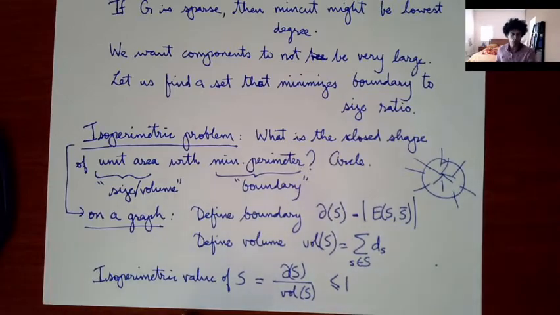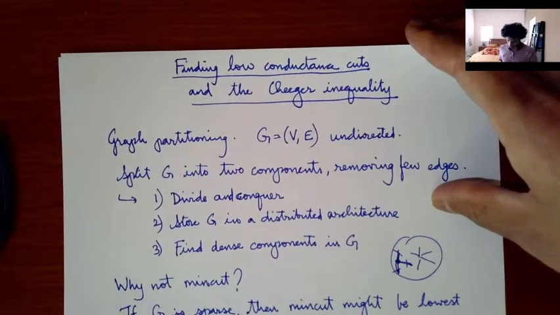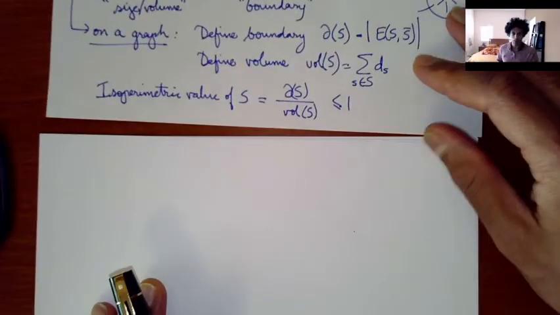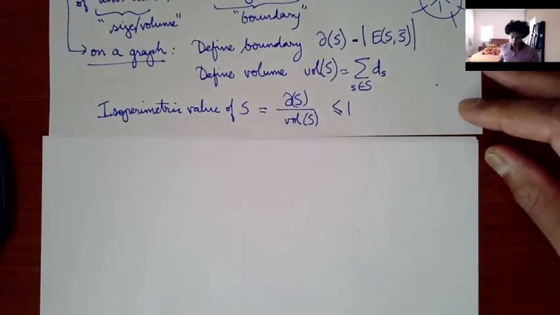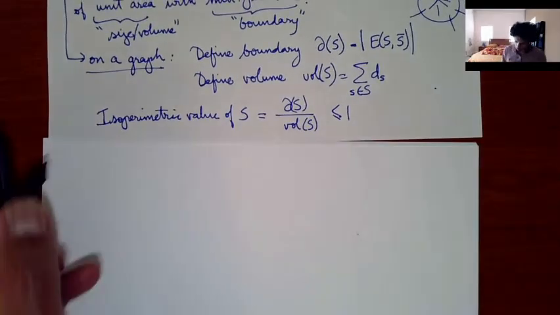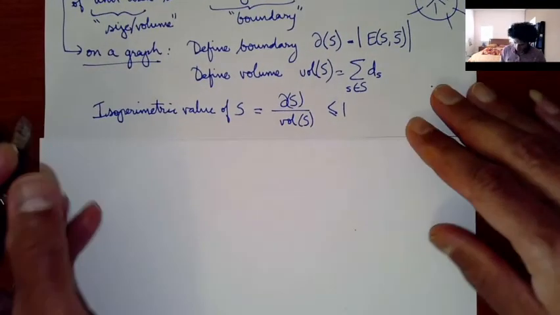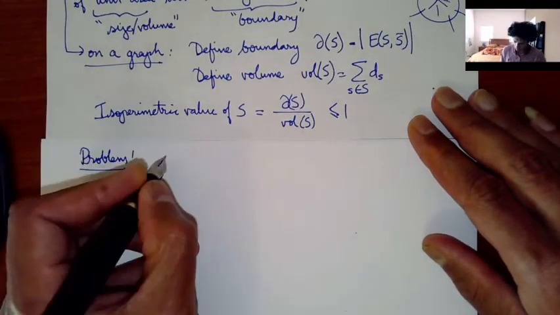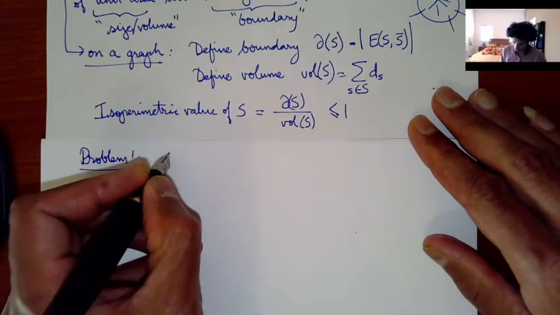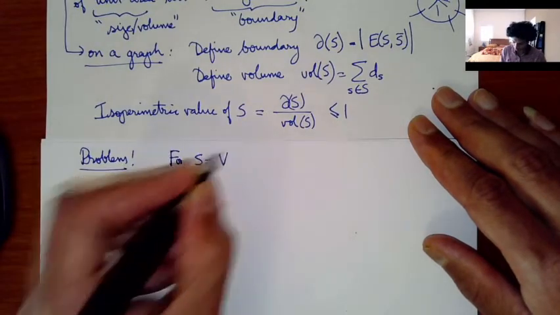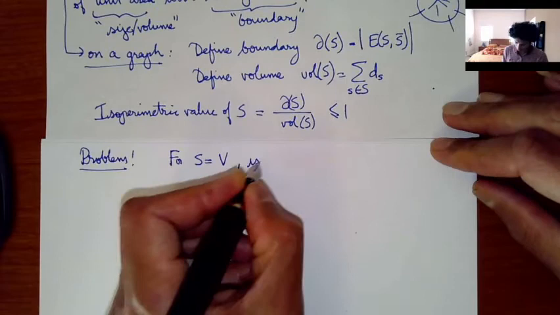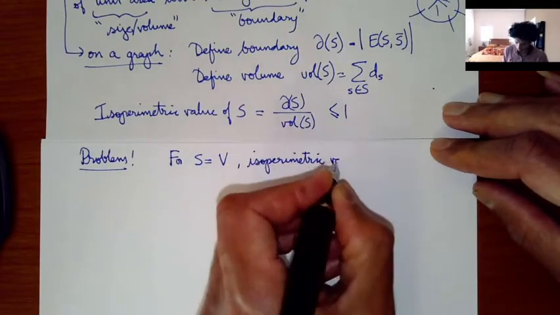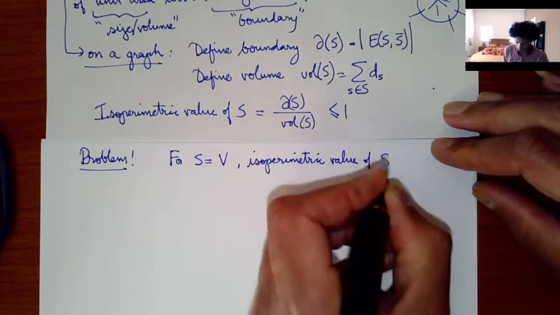Right, so the problem with this definition, this is important to understand so that when I give you the actual definition, it won't look mysterious. The problem is that for S equal to V, the entire set, the isoperimetric value of S is equal to 0.